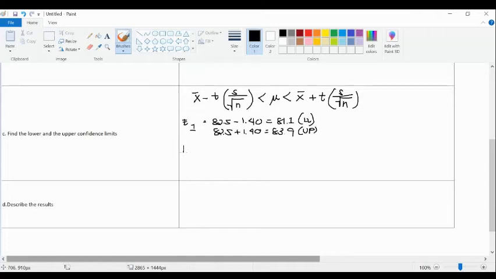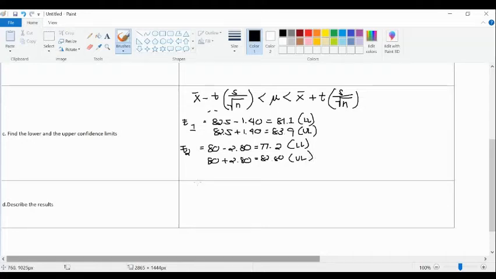Now for your control group, we have 80 minus 2.80, so that will be 77.2. This will be the lower limit for your control group. Next, 80 plus 2.80. This will be the upper limit for your control group.